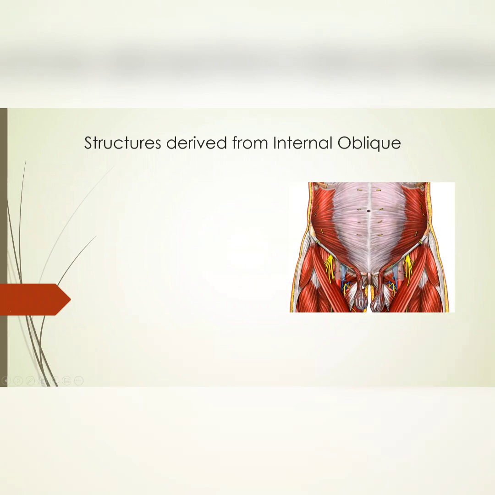Few muscle fibers derived from internal oblique will cover the spermatic cord and also give a covering for the testis in the scrotum. That is called the cremaster muscle and cremastric fascia. You may have learned about cremastric reflex in examination of the nervous system in physiology.